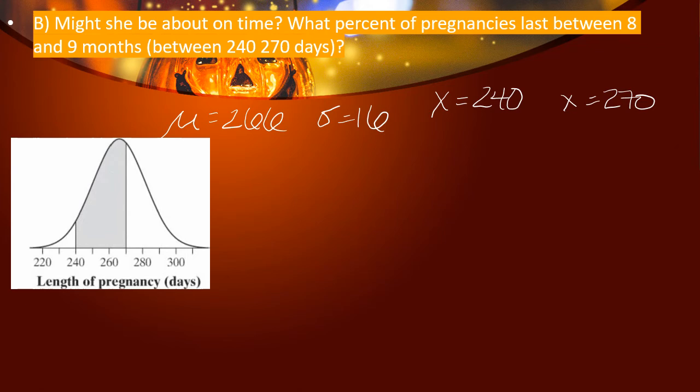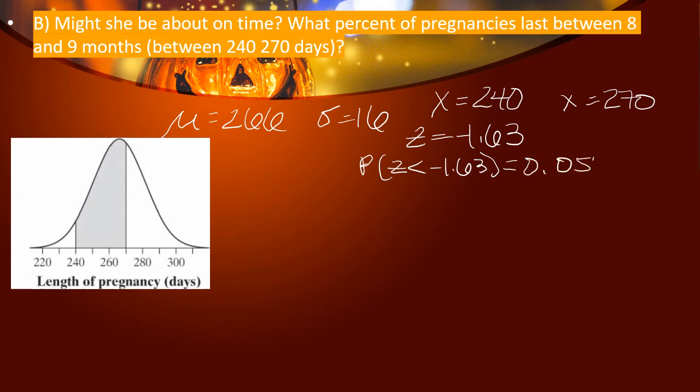There it is. So it's between 240 and 270, which means I'm going to need 2 z-scores and 2 percentiles. Luckily, we've already done 240. 240 we found had a z-score of negative 1.63, and the percentile for that z-score being less than negative 1.63 was in fact 0.0516. So we've got info for there. We need to do 270.